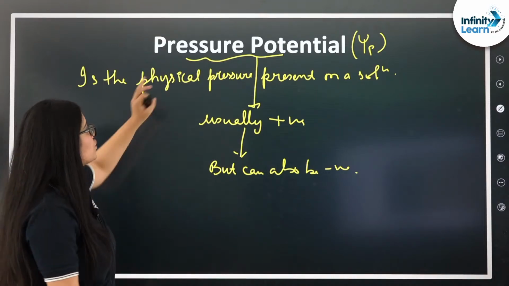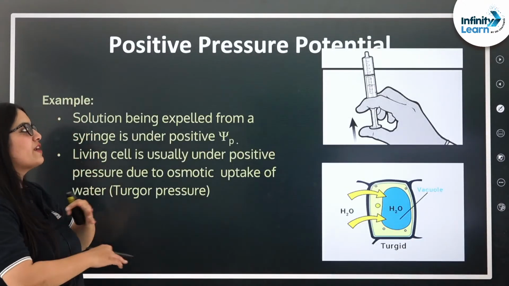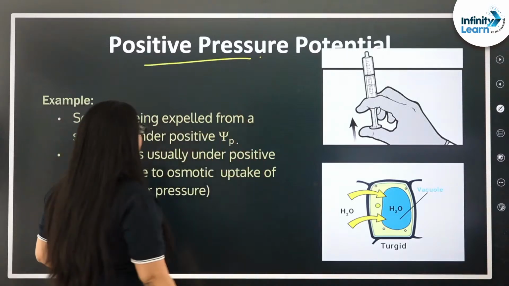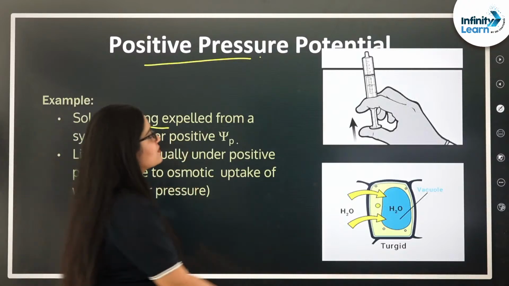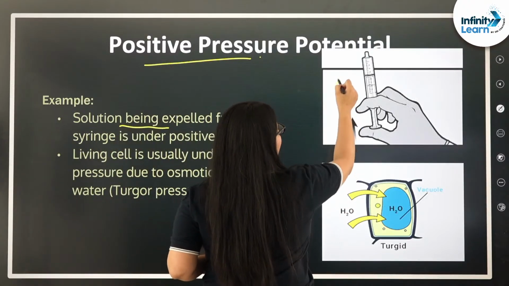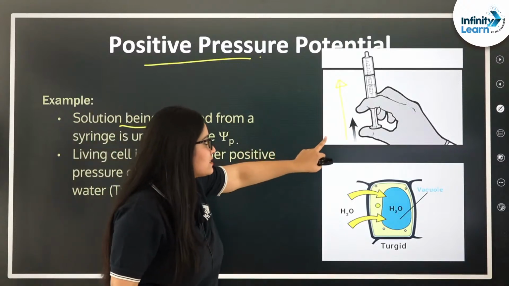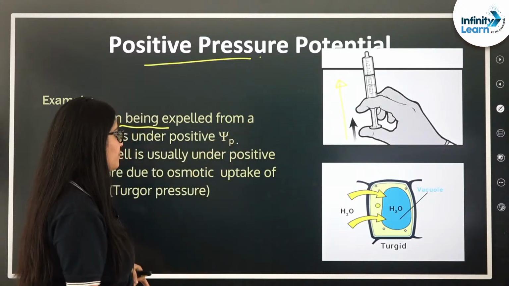Please remember, usually it is positive but can be negative as well. I can give you a very simple example of positive pressure potential. Whenever a solution is expelled from a syringe, the solution that is getting expelled is under positive pressure potential.